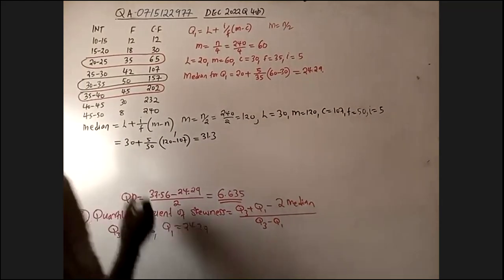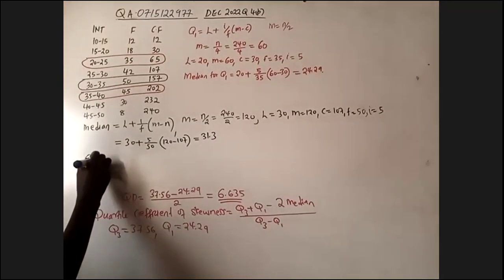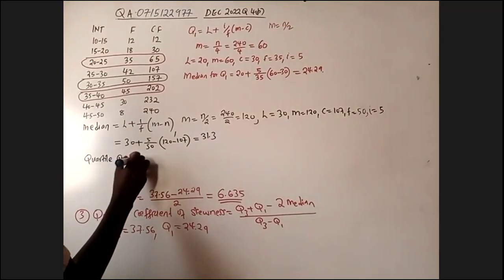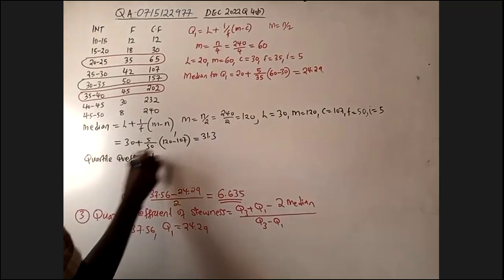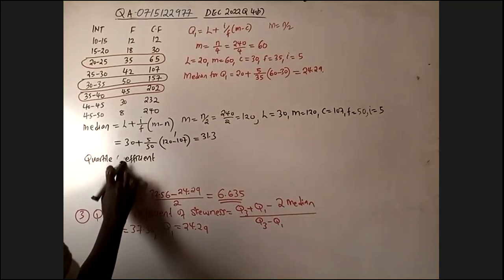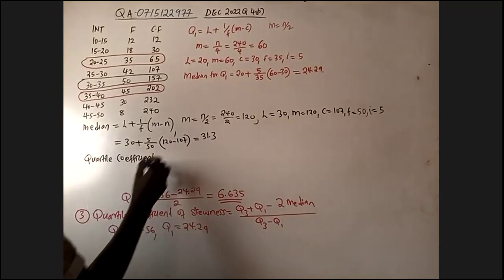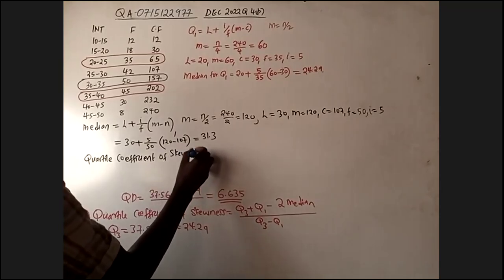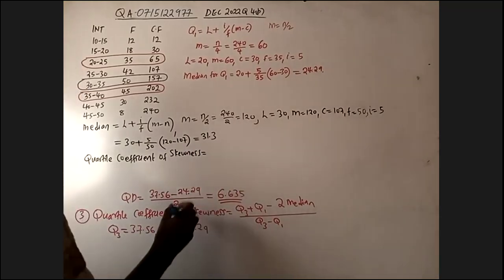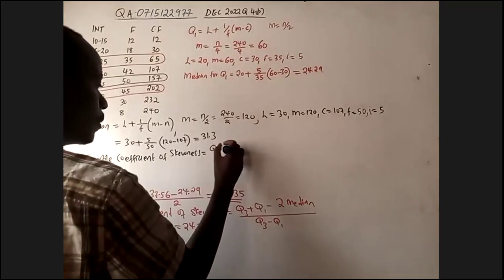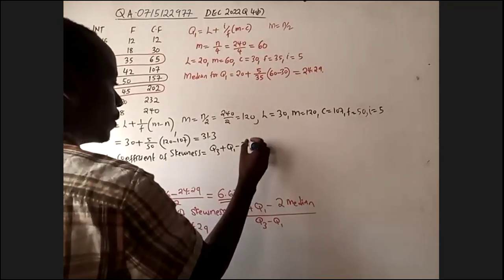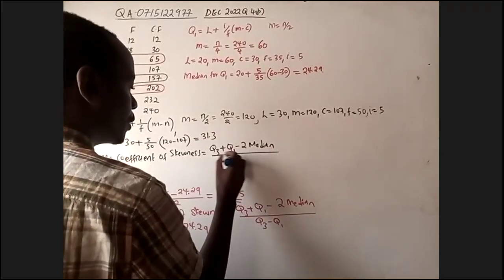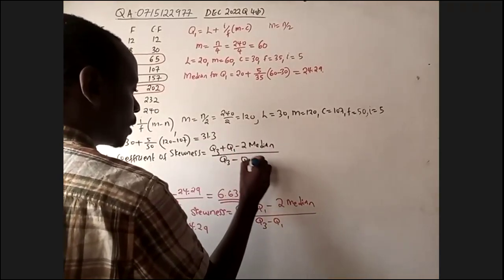Now, the quartile coefficient of skewness is Q3 plus Q1 minus 2 times the median, over Q3 minus Q1.